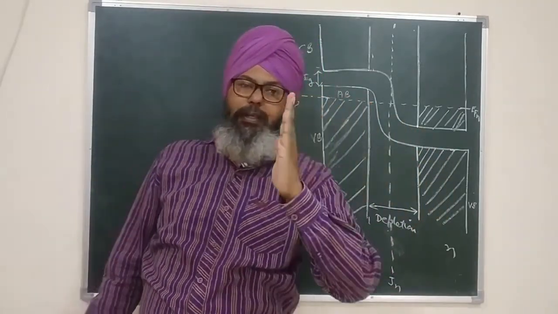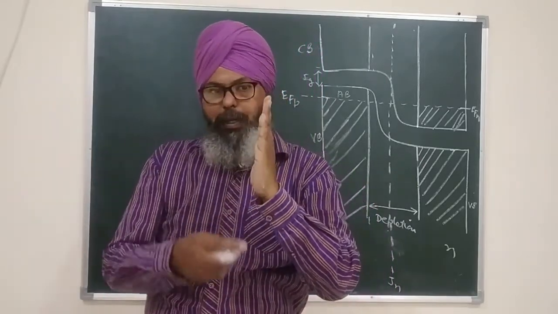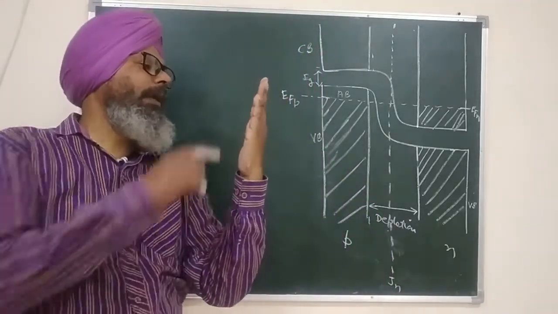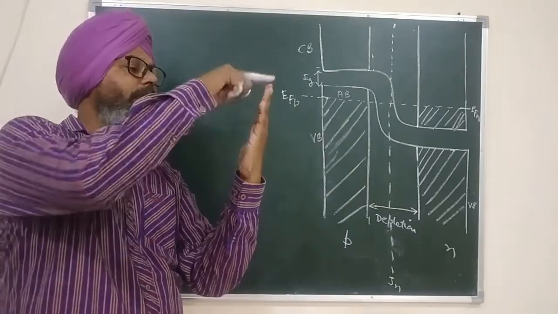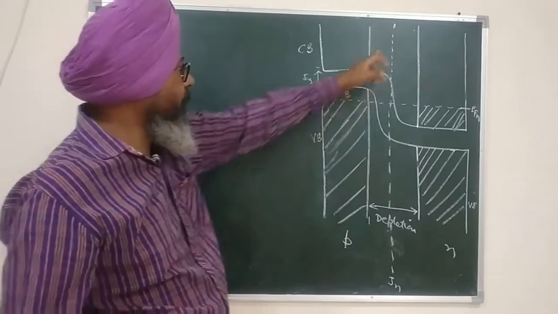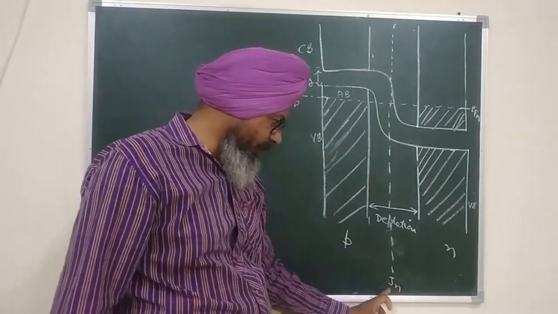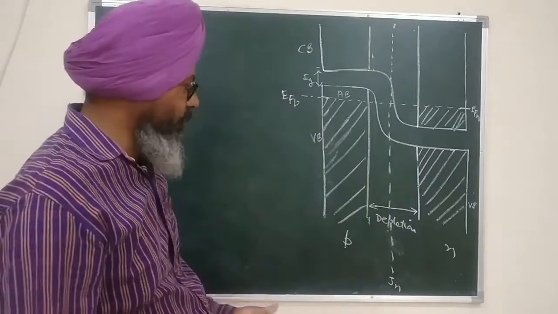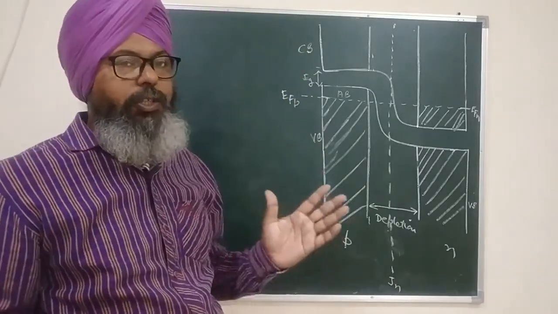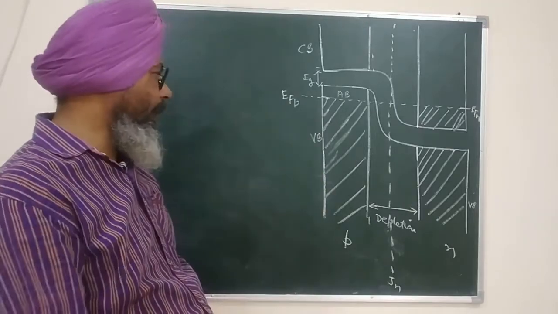But if I turn it like this, then it will appear to be a line to you. But actually, if I see it from here, my hand will appear to be a surface to me, and it will appear to be a line to you. So please remember, this is a surface, and I have called it JN. JN stands for junction.